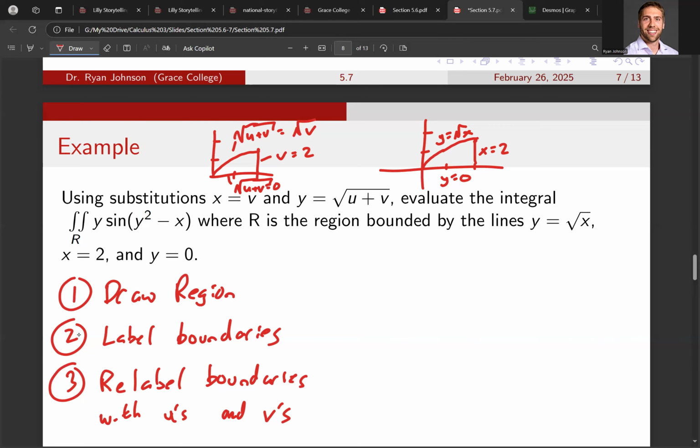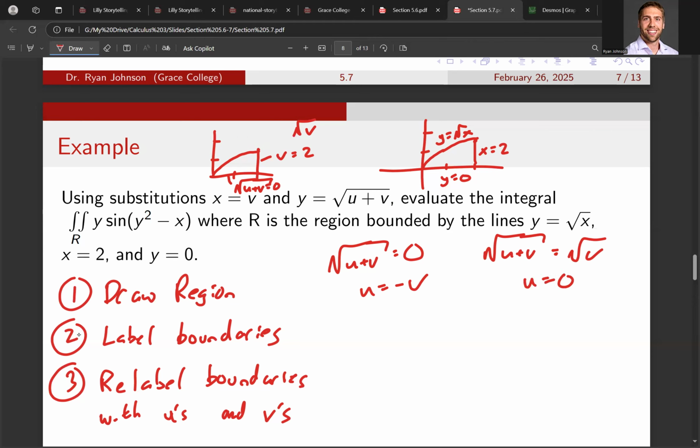How can we simplify the equation square root of u plus v equals 0? u equals negative v. Right? How can we simplify the equation square root of u plus v equals square root of v? u equals 0.